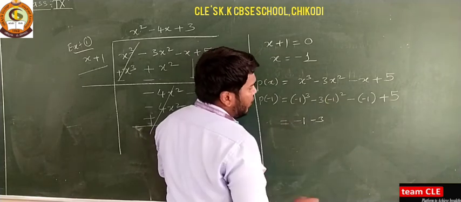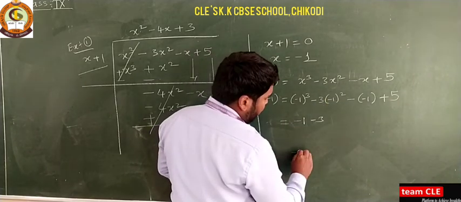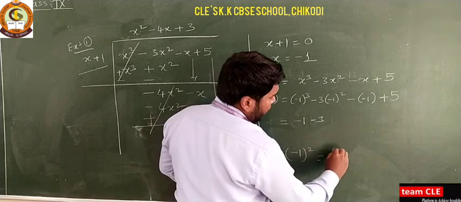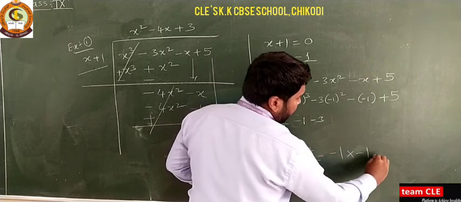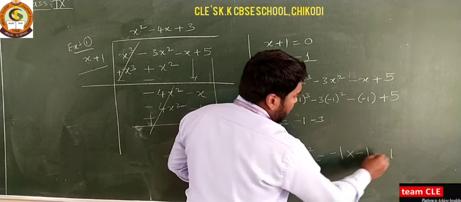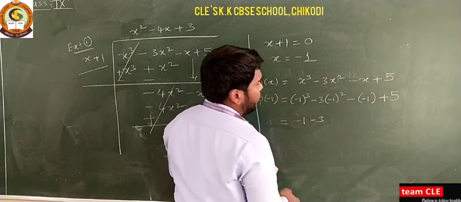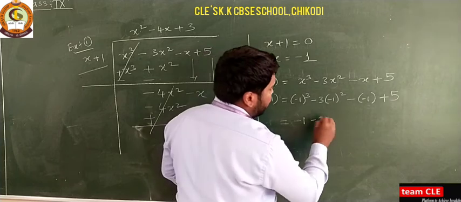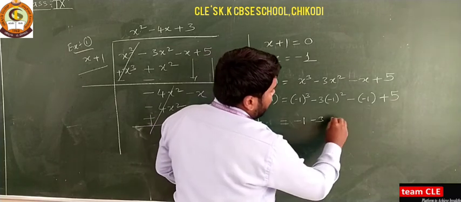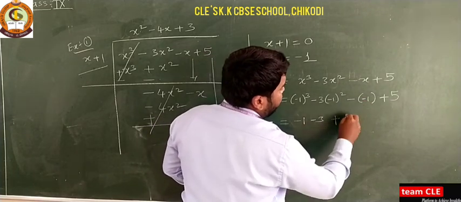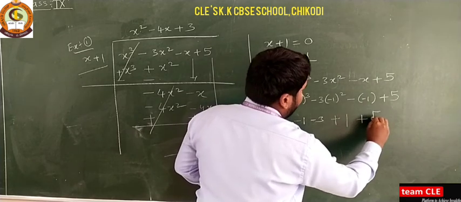Minus 1 whole square is minus 1 into minus 1, which is 1 into 1 is 1, since minus into minus is plus. So 3 into 1 is minus 3. Then minus into minus is plus 1, plus 5.